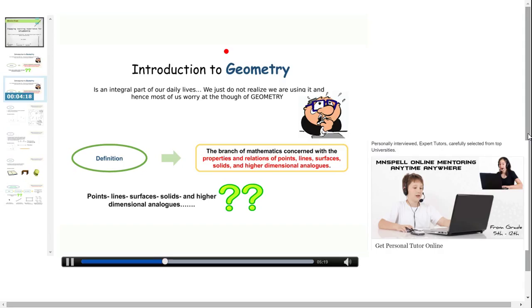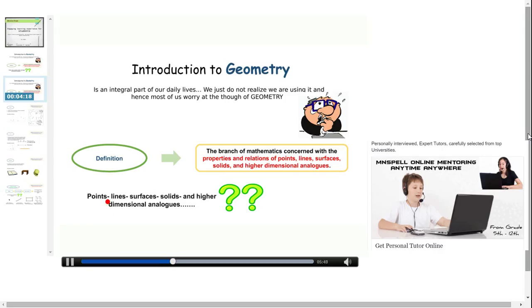So by definition, geometry is defined as a branch of mathematics concerned with the properties and relations of points, lines, surfaces, solids, and higher dimensional envelopes. Now that is extremely complicated, and anyone who reads the definition of geometry will be worried. But what I'm going to try and do is break this definition out piece by piece, so that at the end you know exactly what we're going to be dealing with in geometry.